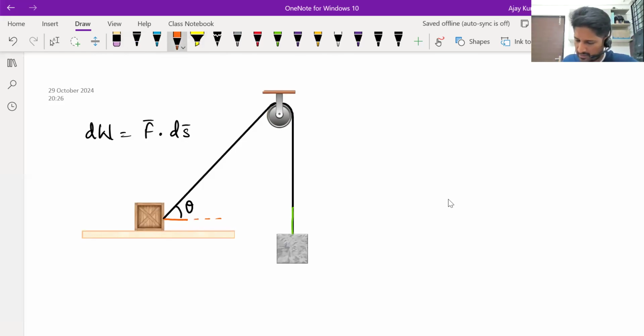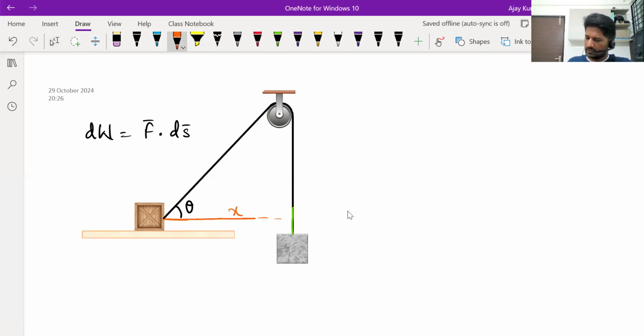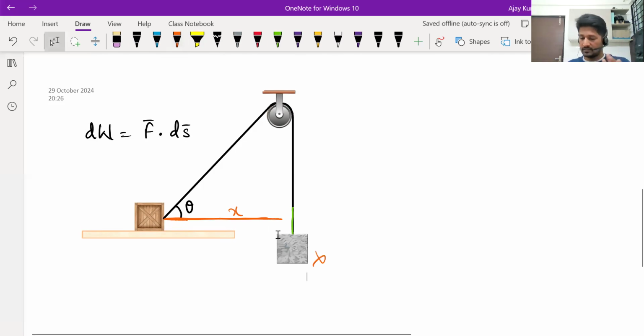Here also there is a right angle triangle forming. Let's call this distance as x. Now this horizontal line is drawn based on the ground, not based on this block. The block could be slightly higher, slightly lower also.